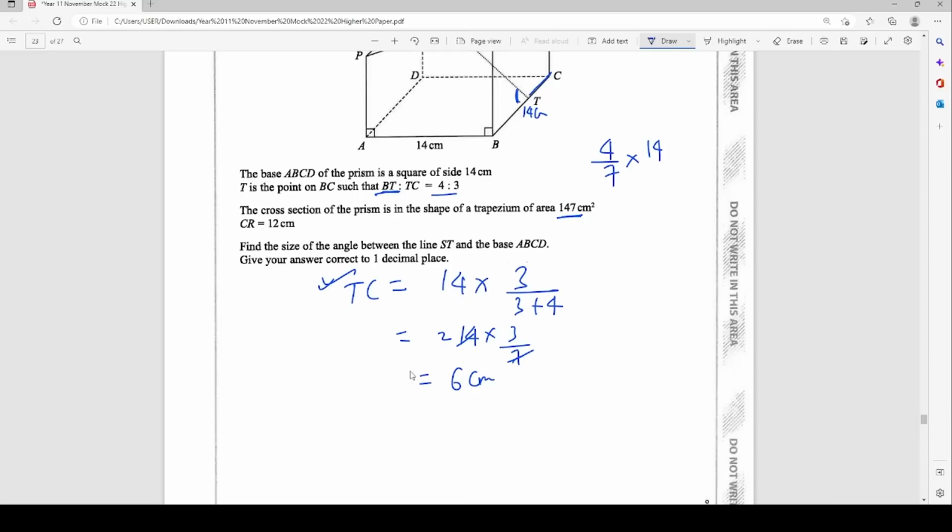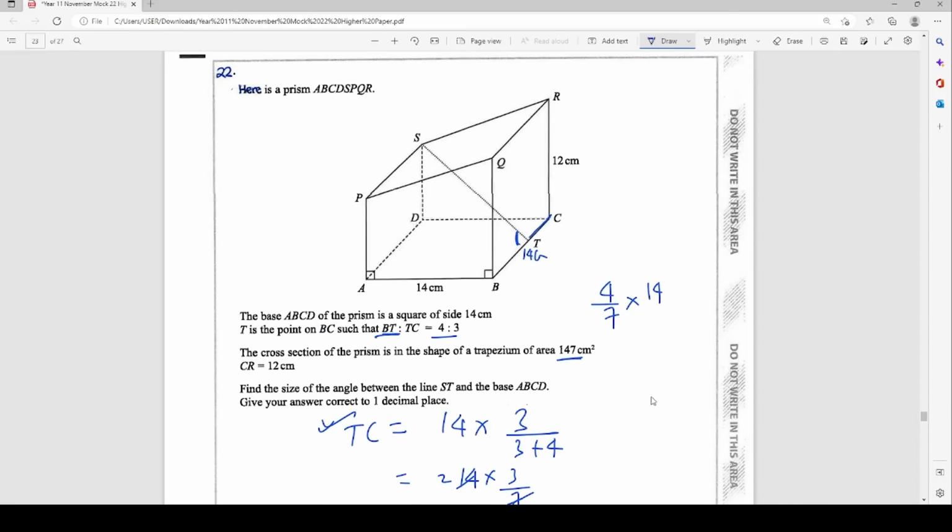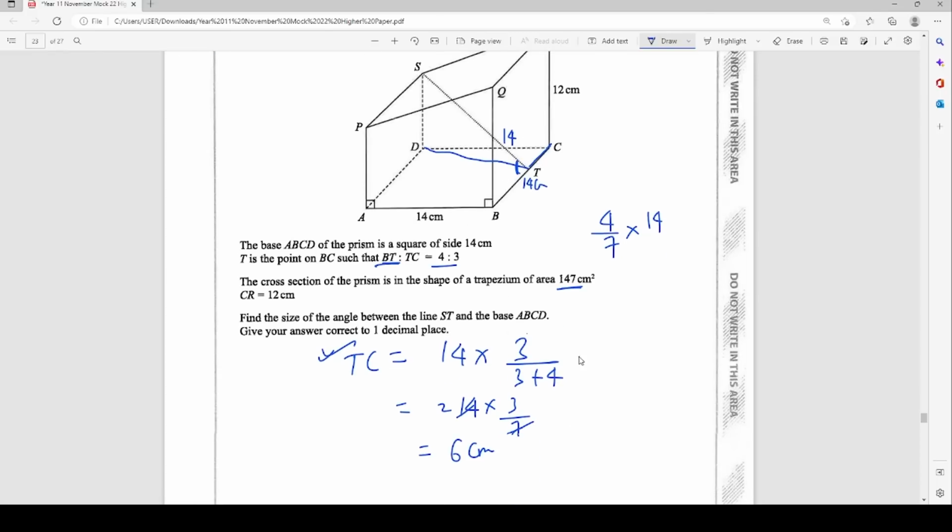Now we need to find the length of TD. How much is this length, guys? This is 12. We know that DC is 14, and this length is 6. This is going to be a triangle. So 6, 14, we need to find this hypotenuse.